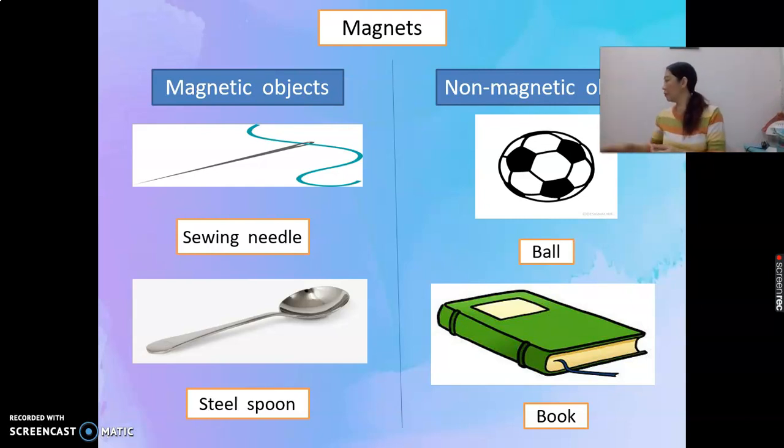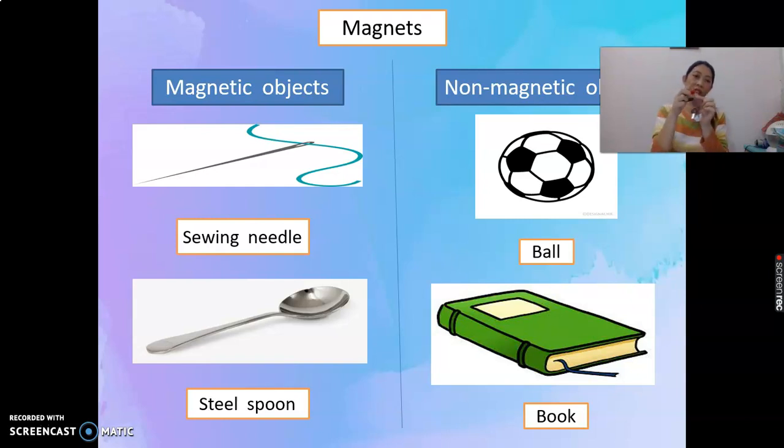So these are the examples of magnetic objects. This is the magnet, and the key is a magnetic object.